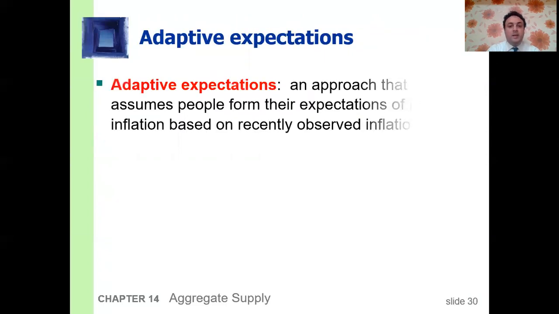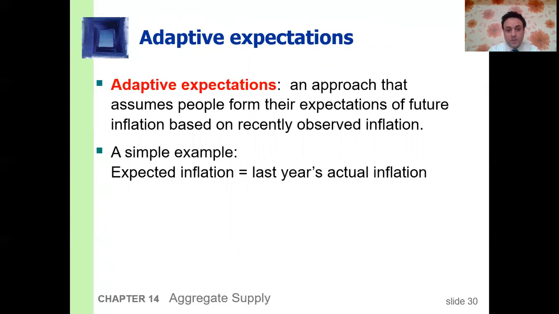Okay, adaptive expectations: an approach that assumes people form their expectations of future inflation based on recently observed inflation. Simple example: expected inflation equals last year's actual inflation. This is the adaptive expectations.